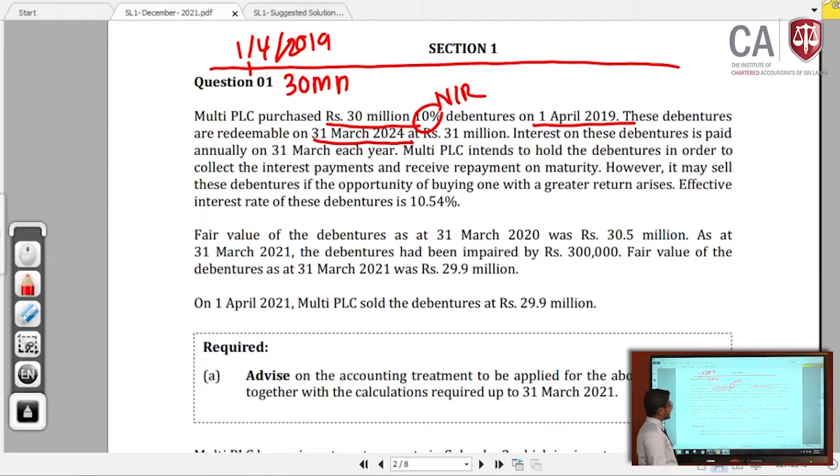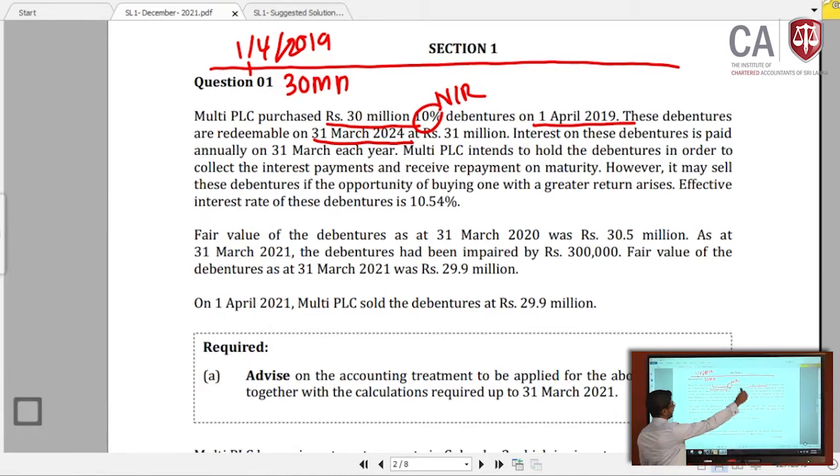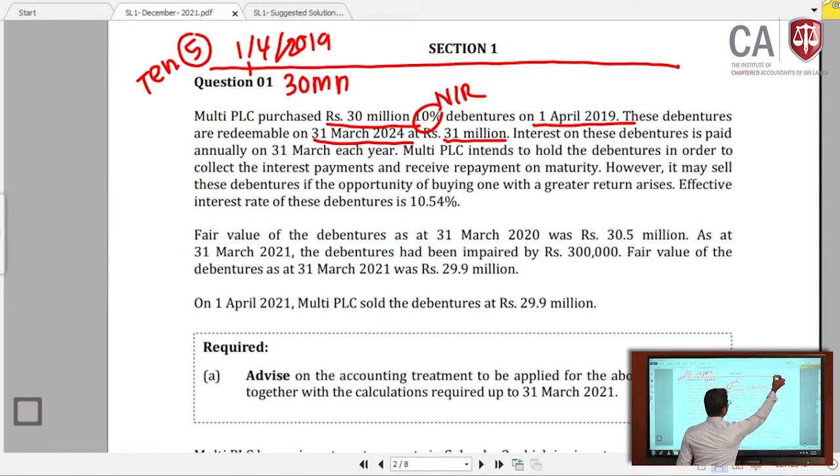So how many years is that? It is 5 years, so the tenor is 5 years. On 31st March 2024, this will be redeemed at 31 million.